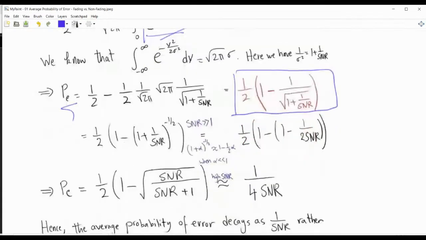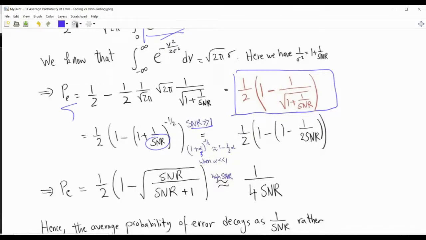And so we can use this approximation that (1 plus alpha) to the minus 1/2 is approximately 1 minus half of alpha. If you do this approximation here, it is justified if alpha is much, much less than 1, which is the case when the SNR is much, much greater than 1.